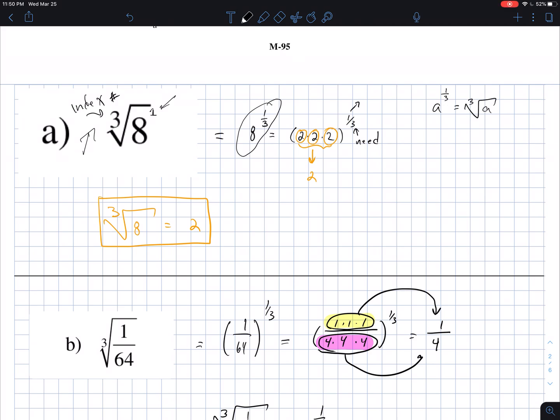Hoping that you're starting to see the pattern. If I take the 4th root, then that's the 4th root. It starts to build up a pattern here. And what you can see is I build up 1, 2, and 3 twos, because that's what it tells me that I need. I need 3 of the things to pull 1 out. And that's what I did. I pulled 1 two out, so the cube root of 8 is 2.